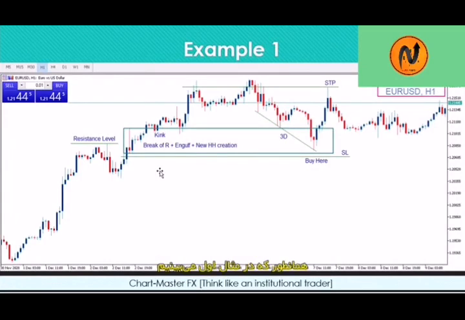As you can see here, guys, on example number 1, the first and foremost thing is for you to identify a resistance level. We had a resistance level here of 1 touch, and this resistance level is coming from a rally base drop.